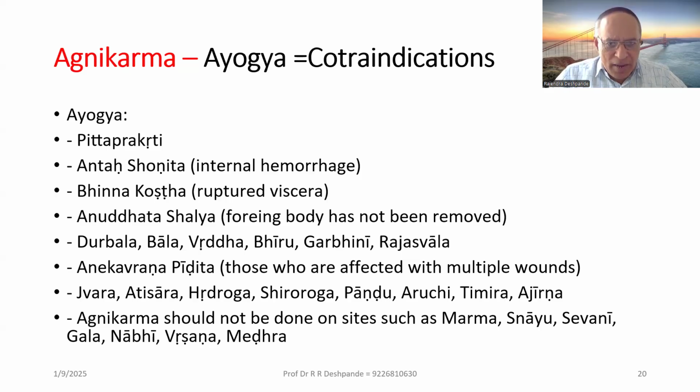Severe tenderness on the abdomen, the patient is having vomiting, then absolute constipation, and when you do the sonography, gas under the diaphragm, you will find in this patient of acute abdomen. So whenever the patient has such a complaint, be careful while doing the Agnikarma.